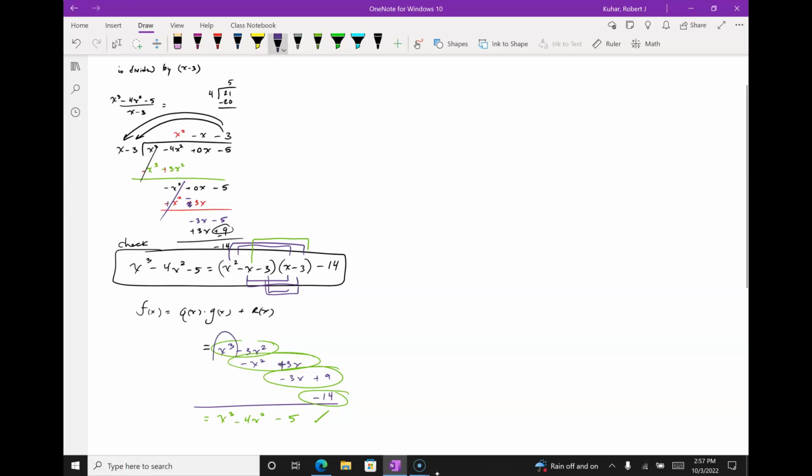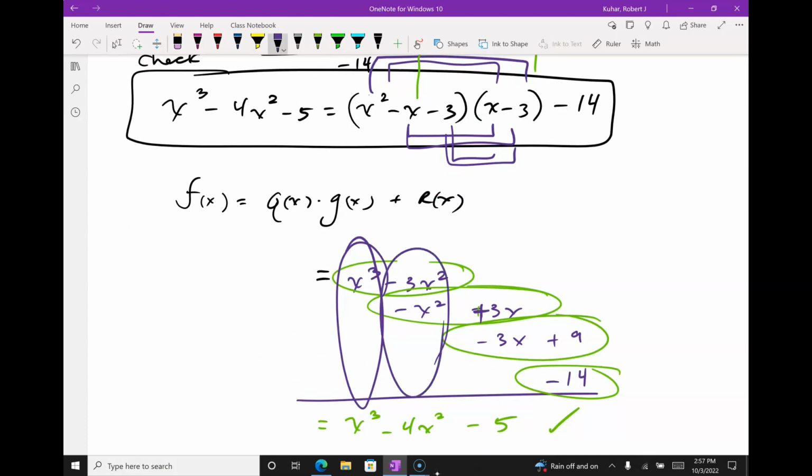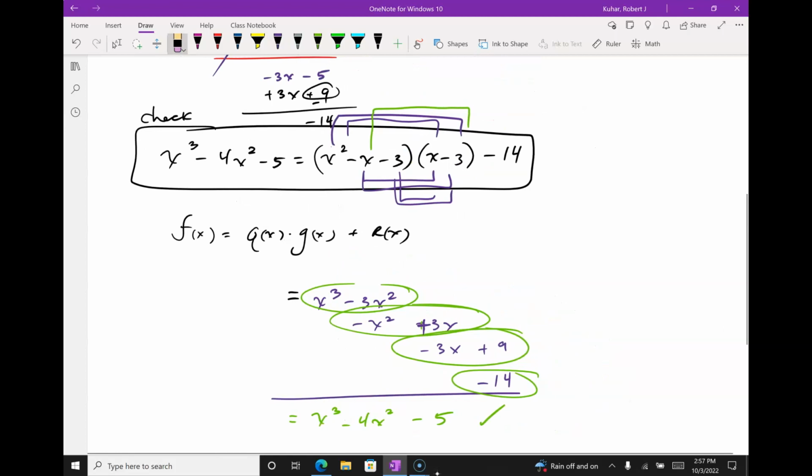Yeah, so if you look here, I only have an x to the third, right? Here I have negative 3 and minus 1, that's negative 4x squared. These cancel. And so I was doing this too, and you're going to see me do more.